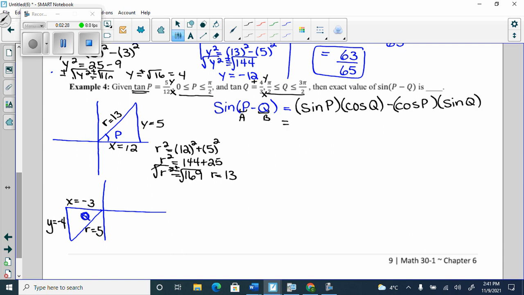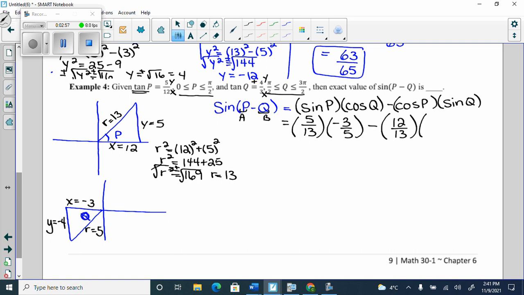So sine of p, go to p, sine is y over r, so it's 5 over 13. Replace. Toss the sine p out. Cos q. Q, cos, x over r. So it's negative 3 over 5. Minus cos p, go to my p, x over r, 12 over 13.